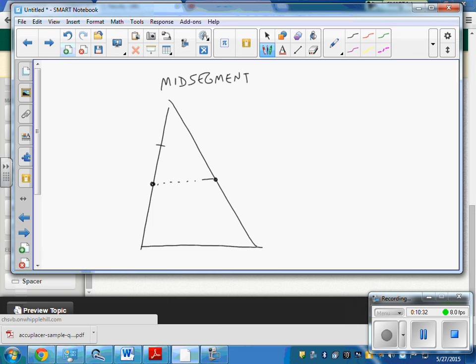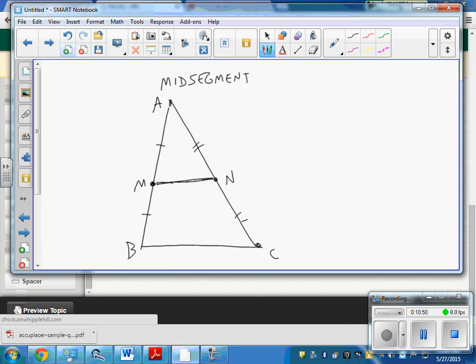It connects the midpoints. So let's put some labels in here, A, B, C. So M is the midpoint of AB, and N is the midpoint of AC. And now this segment is called a mid-segment.